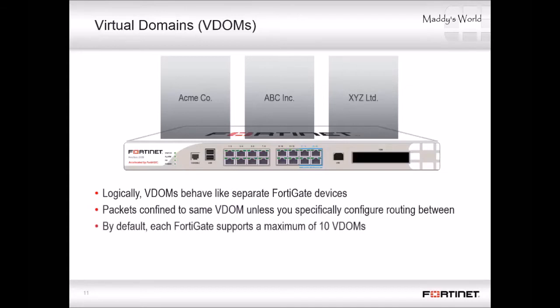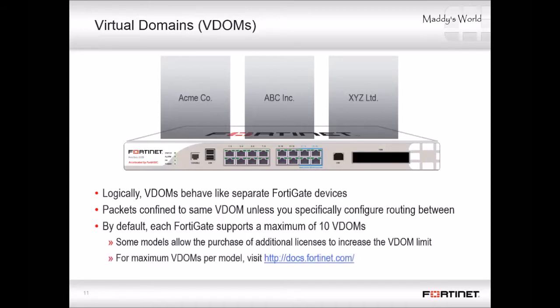For models with greater hardware capacity, you can purchase a license to allow more VDOMs. Configure this with care. Due to shared hardware, the total number of sessions, etc., for all VDOMs will impact performance. Next, let's see how you can fine-tune VDOM resource allocation.